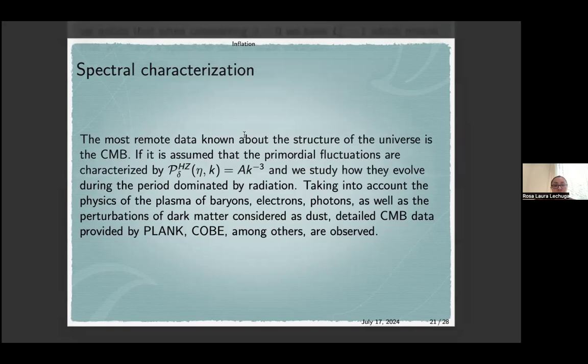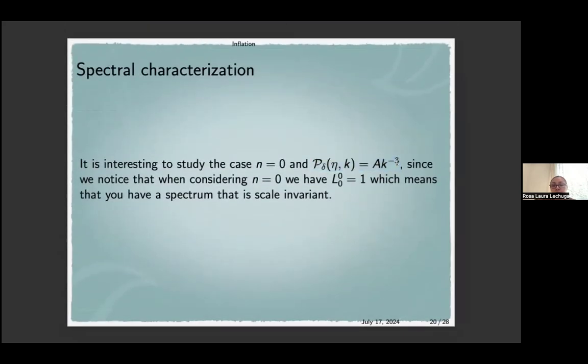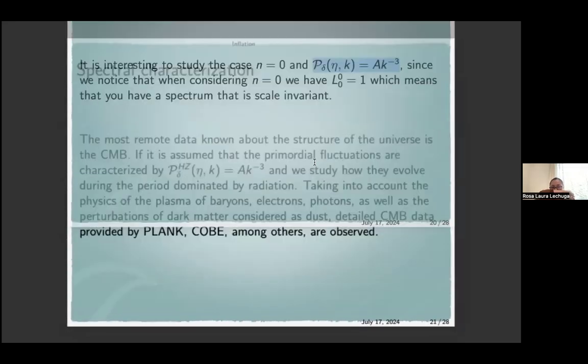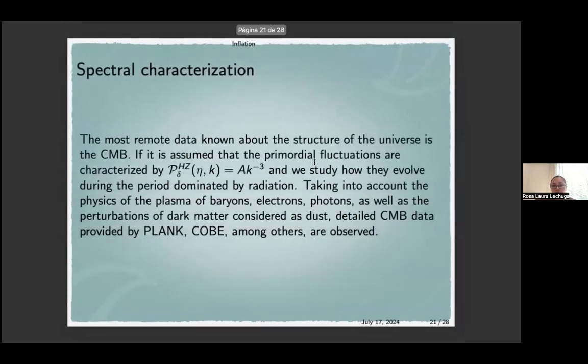And we know that Harrison and Zeldovich gave this form for the structure. And we have observations. The most remote data that we have is from the CMB, the data from the structure. So using the CMB, if we read the signals from the CMB, we can read the most remote past of the structure of our universe.